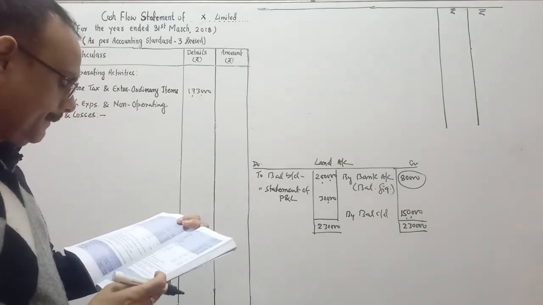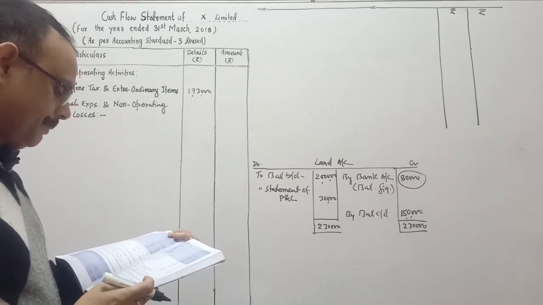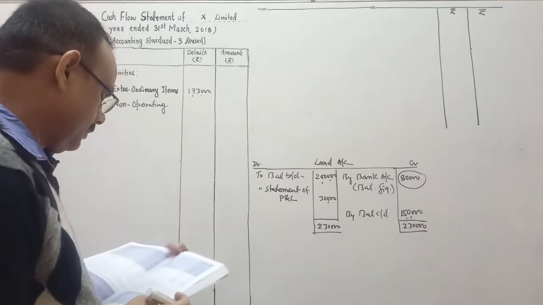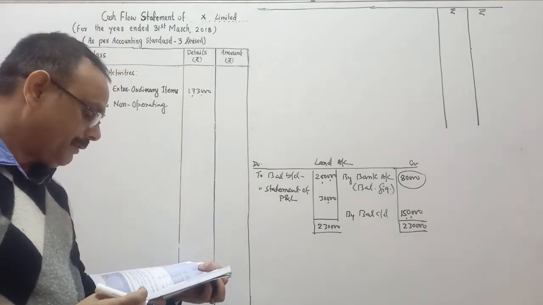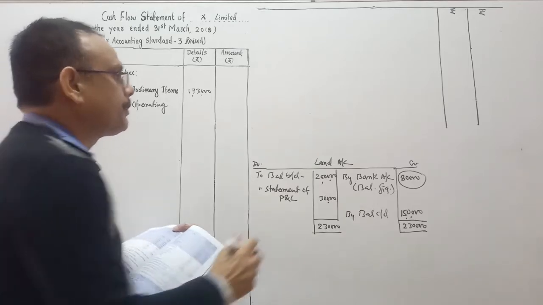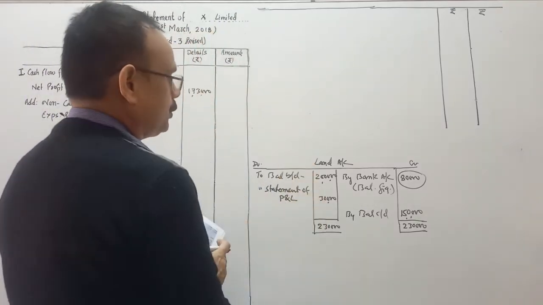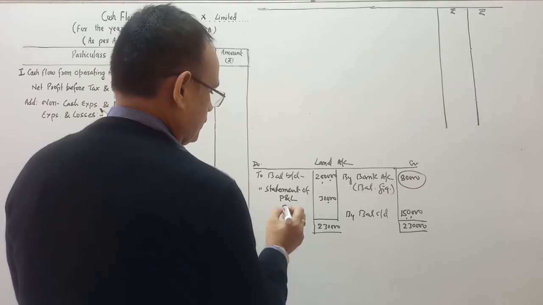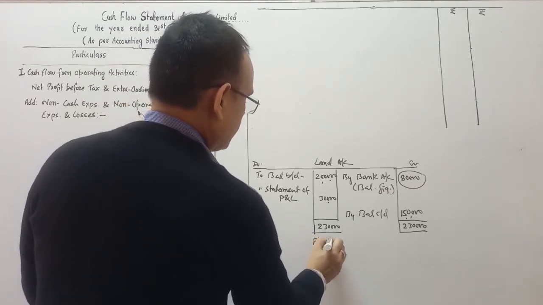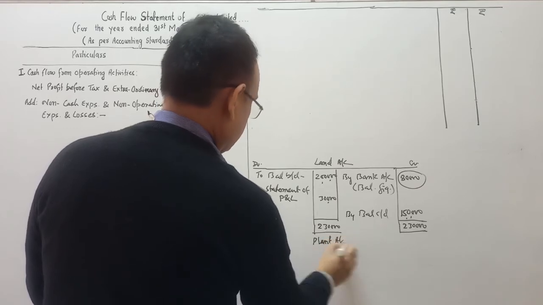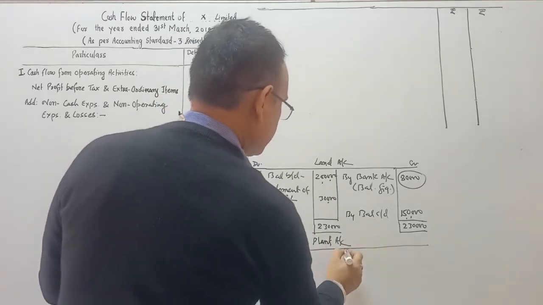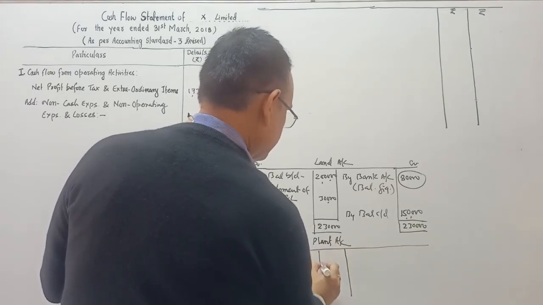Similarly, you prepare the ledger for depreciation on plant and machinery. Directly no figure is given regarding the depreciation of plant and machinery, so you prepare the ledger of plant. I am going to prepare the plant account in the working note.